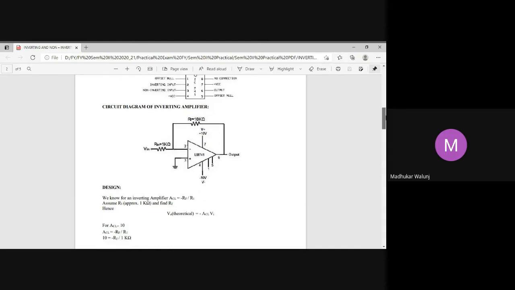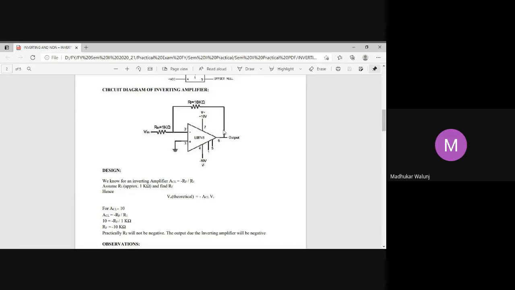So if you have to design this particular amplifier, we should know the designing. So if we suppose to have the gain of the circuit to be 10, means V0 is equal to minus ACL into Vi. We need ACL is equal to 10. So how it will be? For that purpose, you know the formula of the closed loop gain of the inverting amplifier as minus RF upon R1.